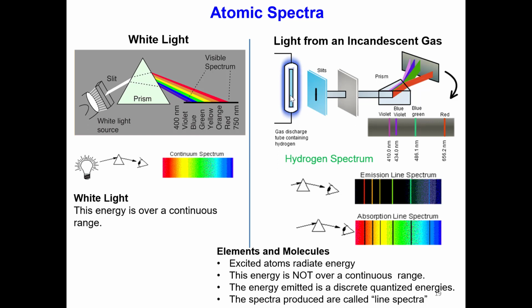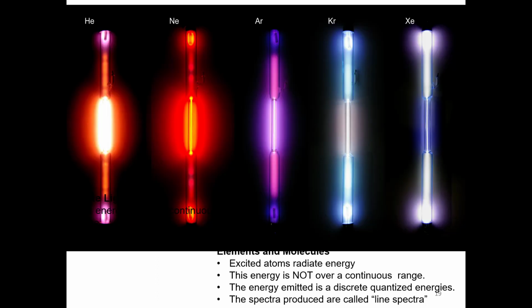When we apply high voltage, the gas inside the tube is going to ionize and emit some light. Here are a few examples of what happens when we apply high voltage to this kind of tube, called a discharge tube. For example, we have helium, neon, argon, krypton, and xenon. Here is the light they emit when we apply high voltage.